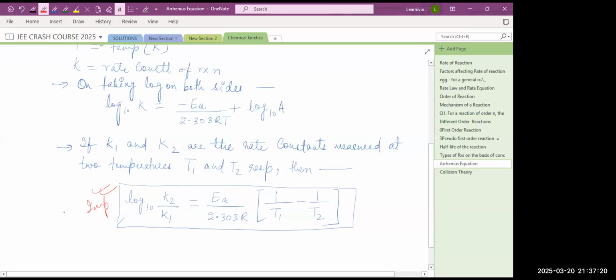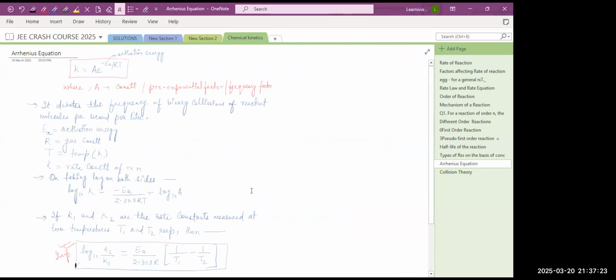Just write it down: the Arrhenius equation at two different temperatures.